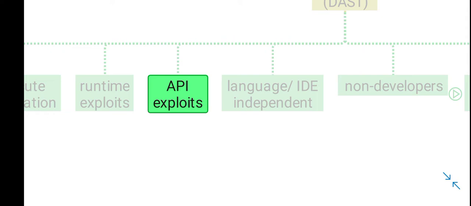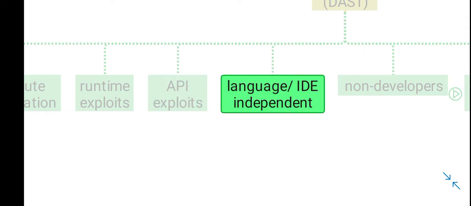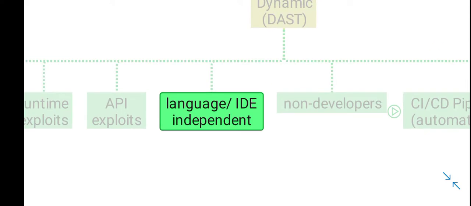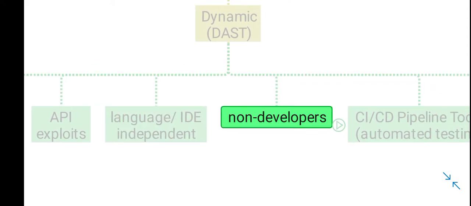For example, the API or application programming interface related exploits are detectable, and furthermore, it is language independent, and also the integrated development environment doesn't affect it since the code has already been compiled and deployed.